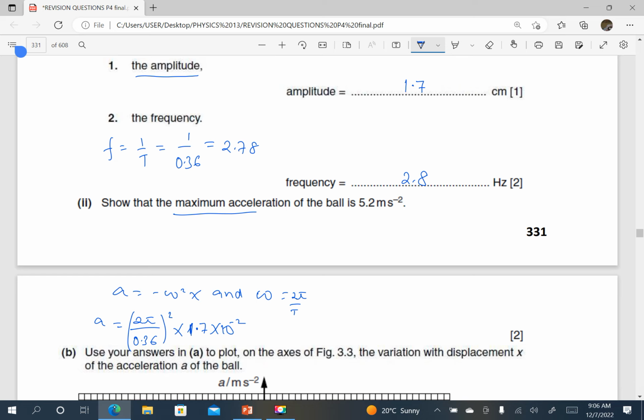From my calculator, I'm getting 5.178, which is approximately 5.2 meters per second squared, as required.